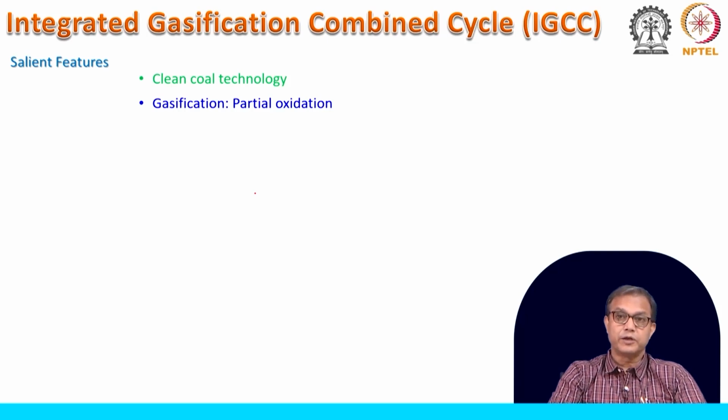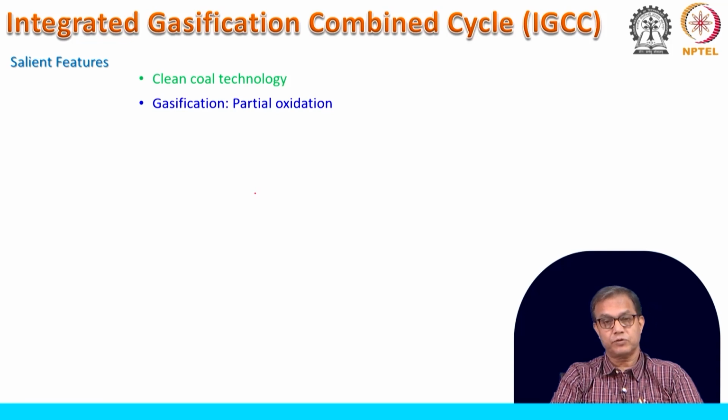Okay. But if we look at this gasification part or the partial oxidation part, where instead of directly burning the coal, what we are doing is that we are mixing it with oxygen, and we are trying to generate a syngas. So, here this syngas generation, CO plus H2, will come at quite high temperature.